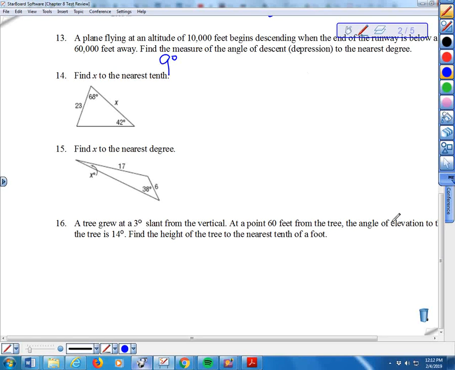So I'm going to do sine of, I need to find this angle. So what, 110 degrees, so 70?